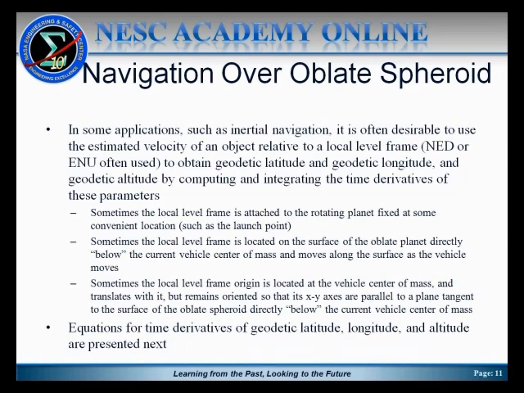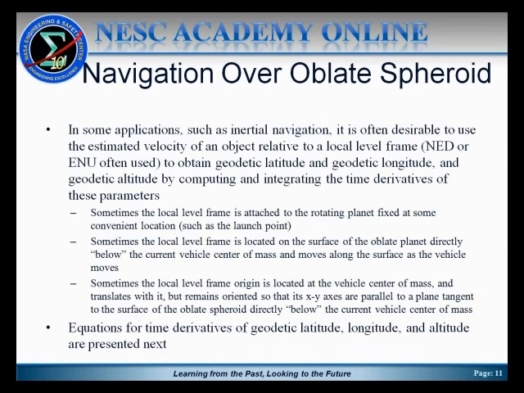Sometimes the local level frame to which you're doing these calculations is attached to the rotating planet at some convenient point, like the launch point, and would just stay there. Other times, however, the local level frame would be located on the surface of the Earth directly below the vehicle's center of mass, and it would move along the surface as the vehicle moves.